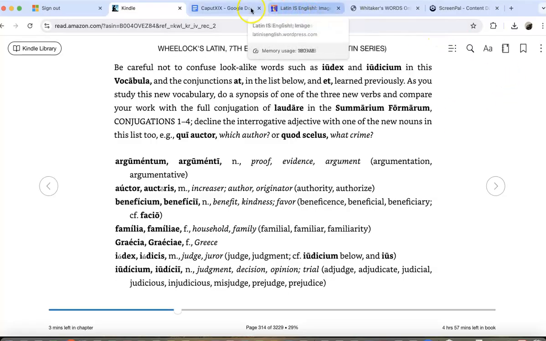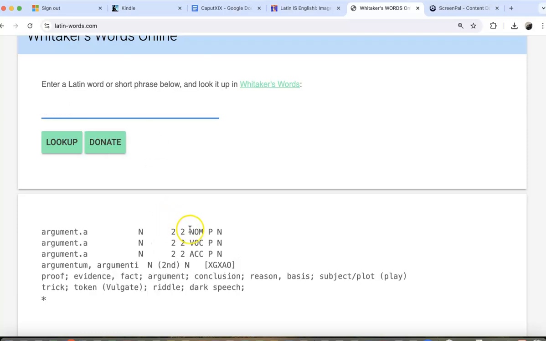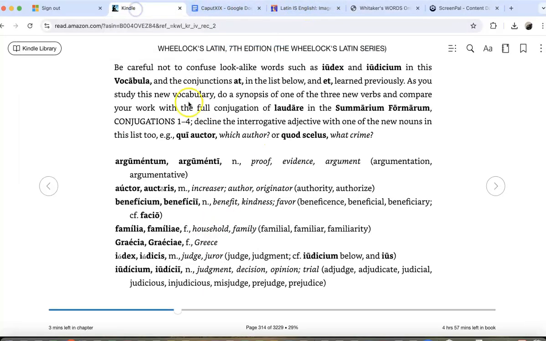And so if we were to look at our Whitaker's Words, for example, just to confirm that, we can see here it's neuter, nominative, plural. Again, only the context will tell you what case it's being used. We have a variety of possibilities here, either proofs or arguments. Might work in this particular case. So we go back to our example here. Proof, evidence, argument.